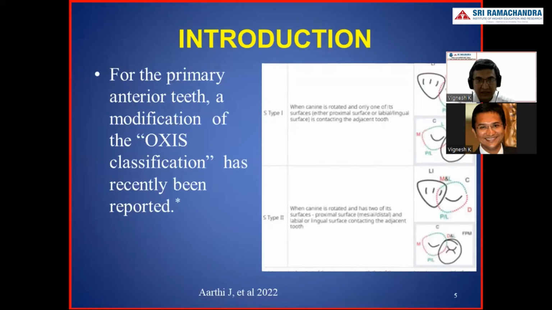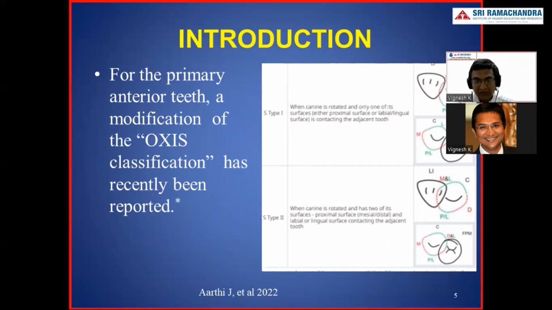For the anterior teeth, the modification of the OXIS classification as reported by Arthi et al., where the O, X and I are retained, whereas the S alone has been modified into S type 1 and S type 2. S type 1 is when any of the anterior teeth is rotated and only one of its surfaces, that is either the proximal surface or the labial or lingual surface, is contacting the adjacent tooth.